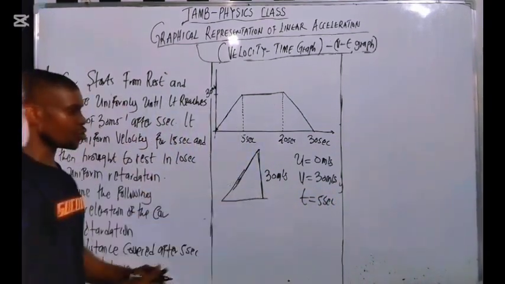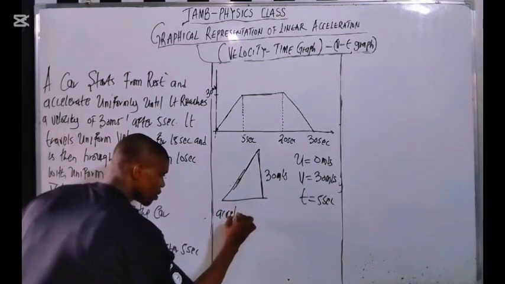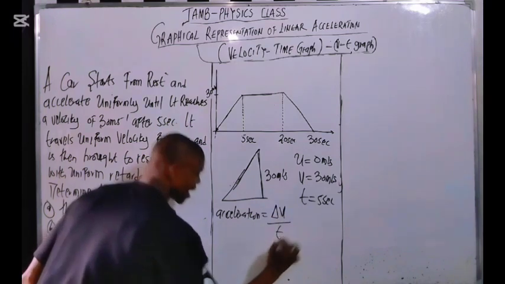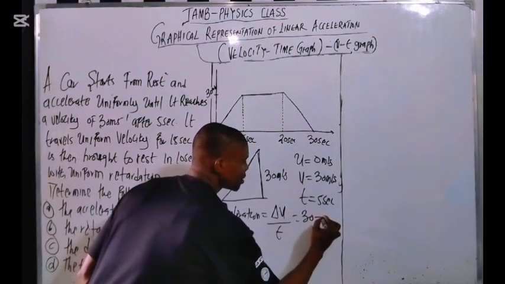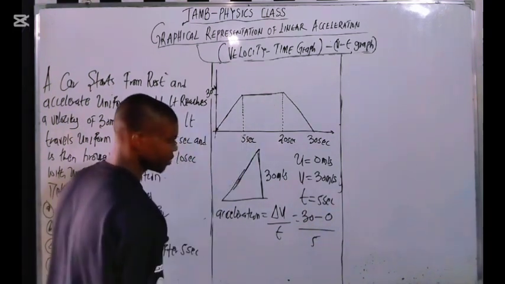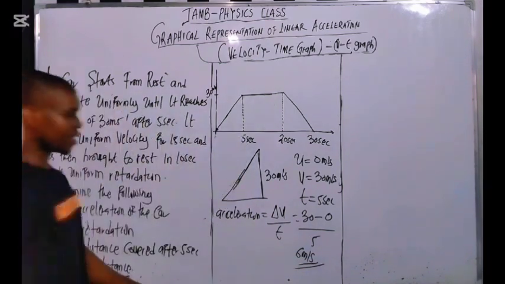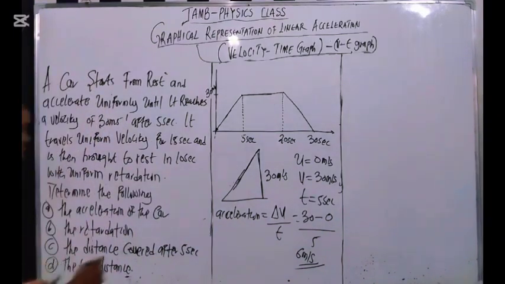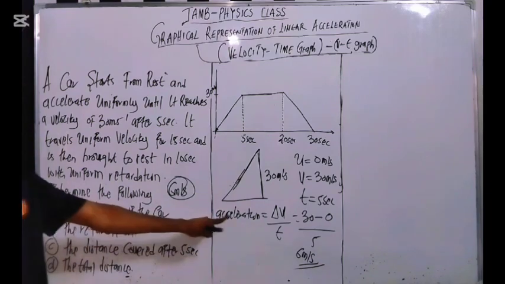Is it clear? So my acceleration is the change in velocity over the time. That is 30 minus 0 over 5, which is 6 meters per second squared.